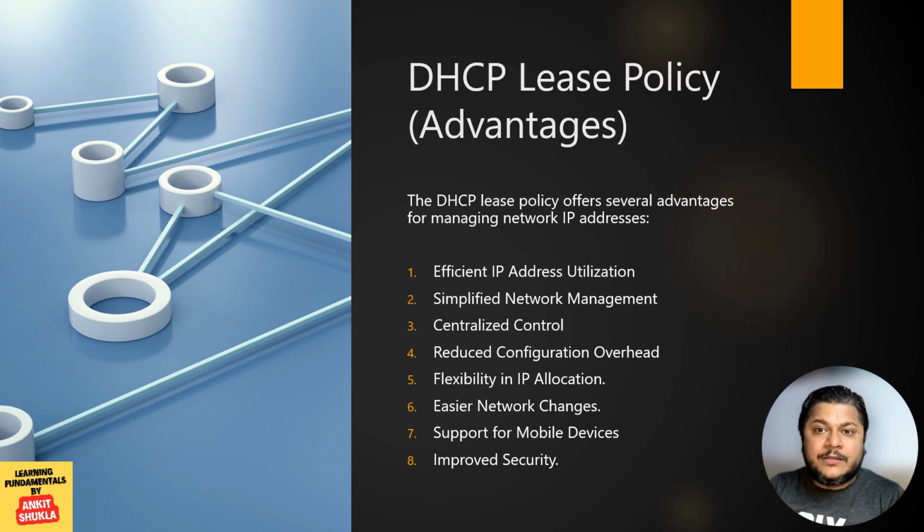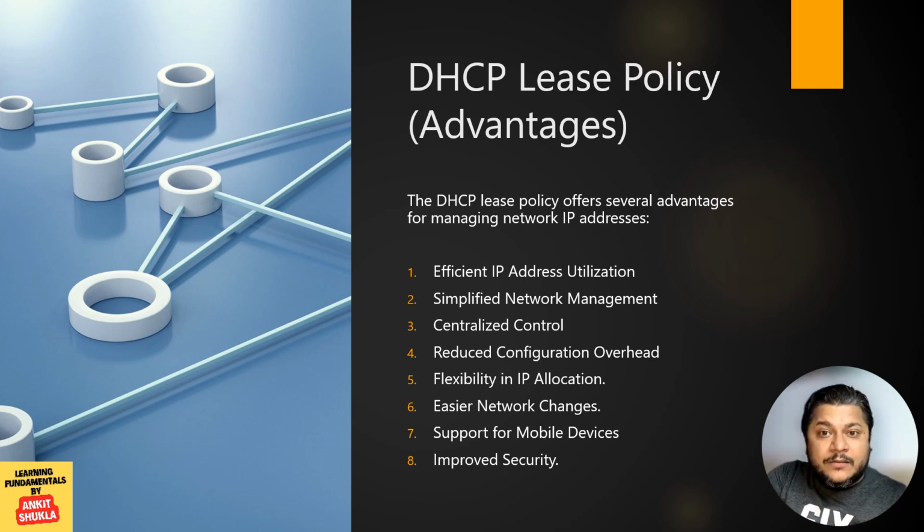Flexibility in IP allocation: the lease policy can be adjusted to fit different network needs, such as shorter lease times for guest networks or longer leases for critical devices. Easier network changes: when network changes are needed, such as adjusting the IP address ranges or adding new devices, DHCP can handle these changes smoothly without requiring manual reconfiguration for each device.